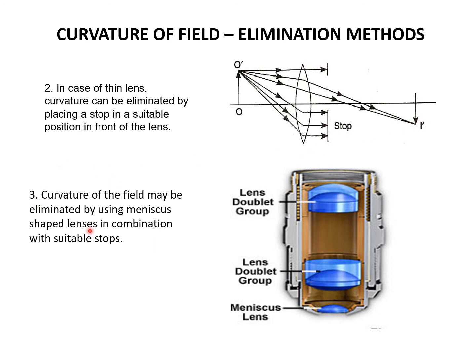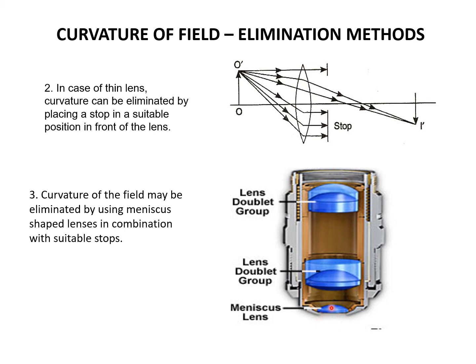Now the third is that curvature of field may be eliminated by using meniscus shaped lenses. This is the meniscus shaped lens. So by using a lens doublet group, here there are two lenses, a meniscus shaped lens and a normal lens. So any number of lenses can be used depending upon our requirement.